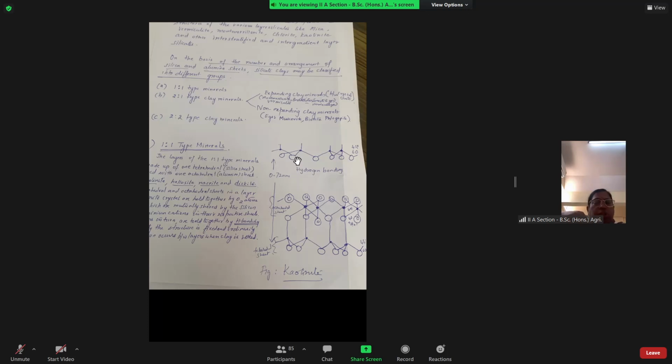These substitutions give rise to negative charges. These minerals show high cation exchange capacity. They have wide cracks in the soils. You would have seen black soils, they have wide cracks. That is because of swelling and shrinkage properties, and because of the presence of smectite dominated soils.